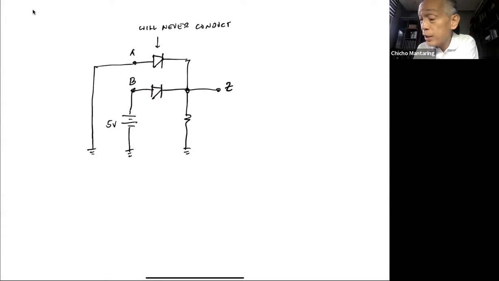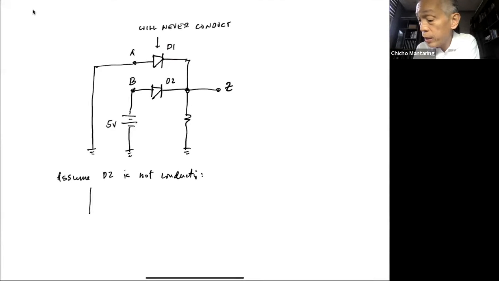Let's assume D2 is not conducting. So we know that this is an open circuit, so we can disregard that.